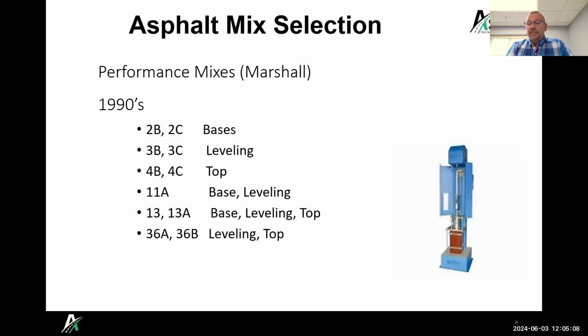Producers started doing the mix design here, and we're blending multiple materials through the plant. And then MDOT would check those mix designs. If you were here for our last webinar last week, we talked about how the mix designs are produced and all that. Really, with these performance mixes, MDOT was moving towards Superpave.